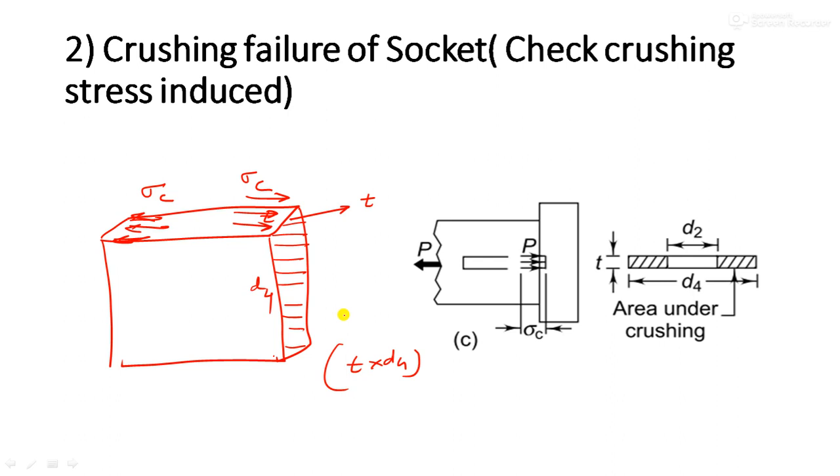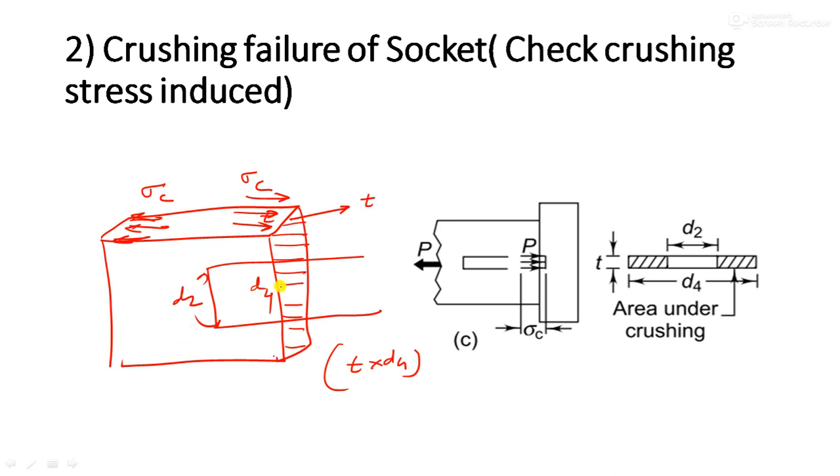So whenever you're looking from the top, you'll understand how the crushing stresses are acting. But the thing is that this D4 is not continuous, because D4 is nothing but the diameter of the socket. In between there is a hollow portion called D2, which is used to insert the spigot.